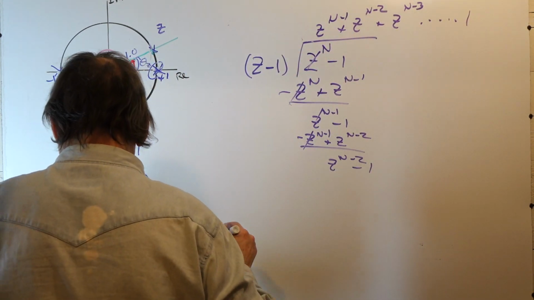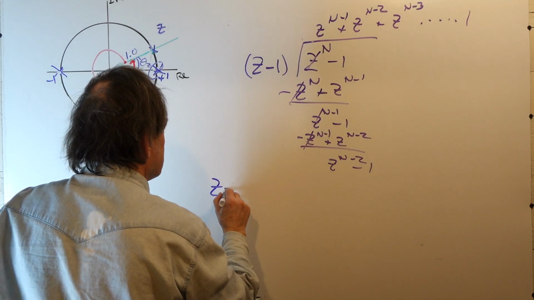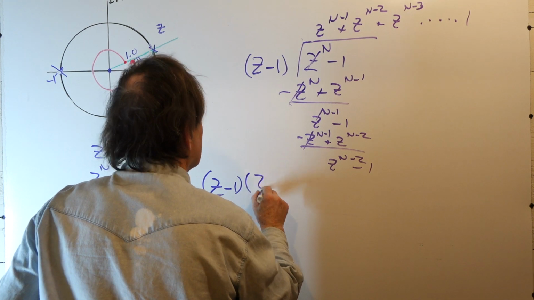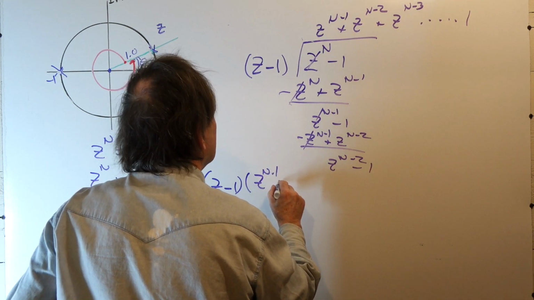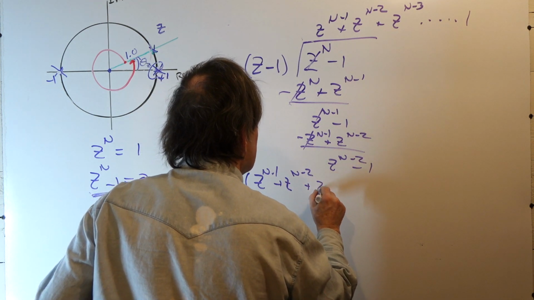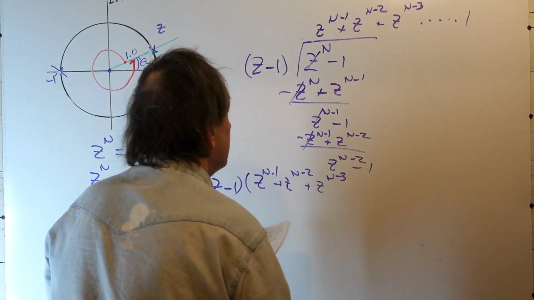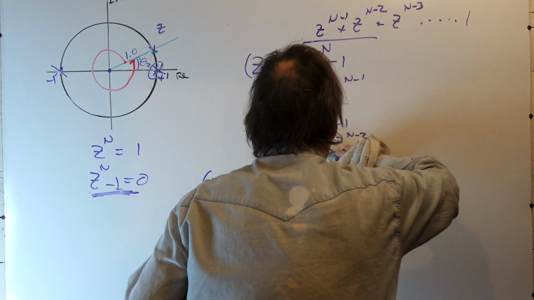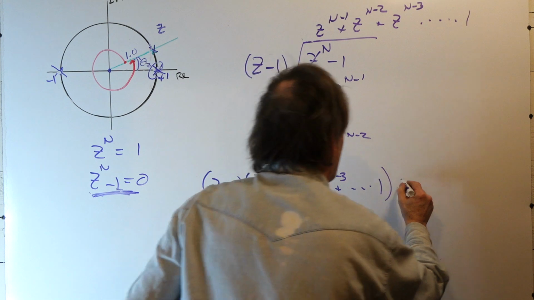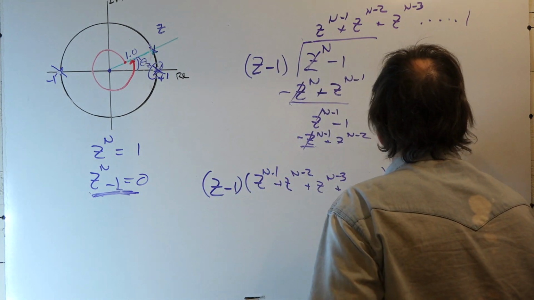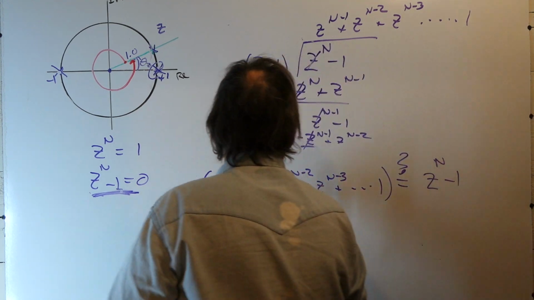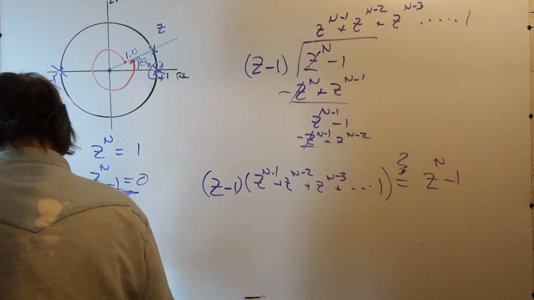So the claim here is that z minus 1 times z to the n minus 1 plus z to the n minus 2 plus z to the n minus 3, and so on as we go on down, is equal to z to the n minus 1, if all these coefficients are unity?